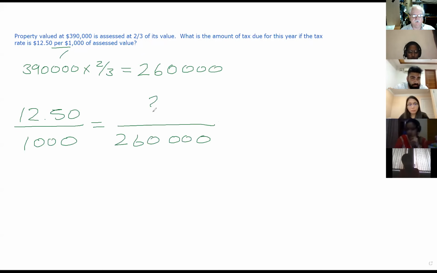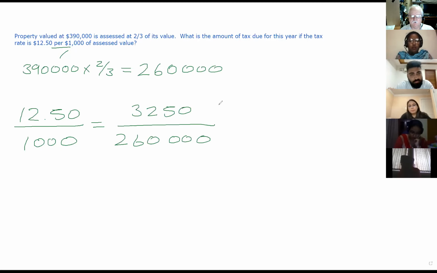How do we find this number here? I'm coming up with an answer of 3,250. And I'm fairly sure that's exactly the right answer because that's the answer I got when I did that.